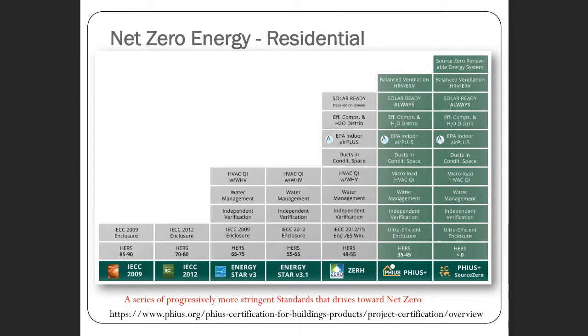So again, a building code is something that has to be adopted by the local community. Part of the way that this gets driven is that local jurisdictions adopt some of these building codes and standards that have more and more stringent requirements, right? That helps move the marketplace in the direction of high performance net zero buildings.